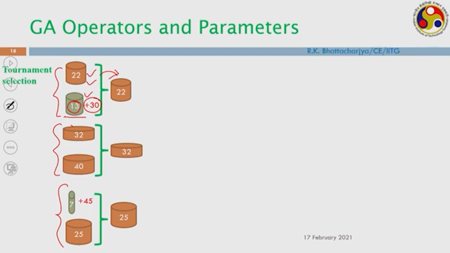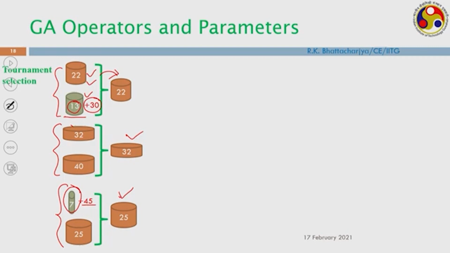In the next trial, 32 and 40 are coming, and 32 is the better solution, so 32 will win the tournament. In the third trial, 7 is coming with 25, but 7 is an infeasible solution. The violation value is 45 and therefore 25 will be selected.